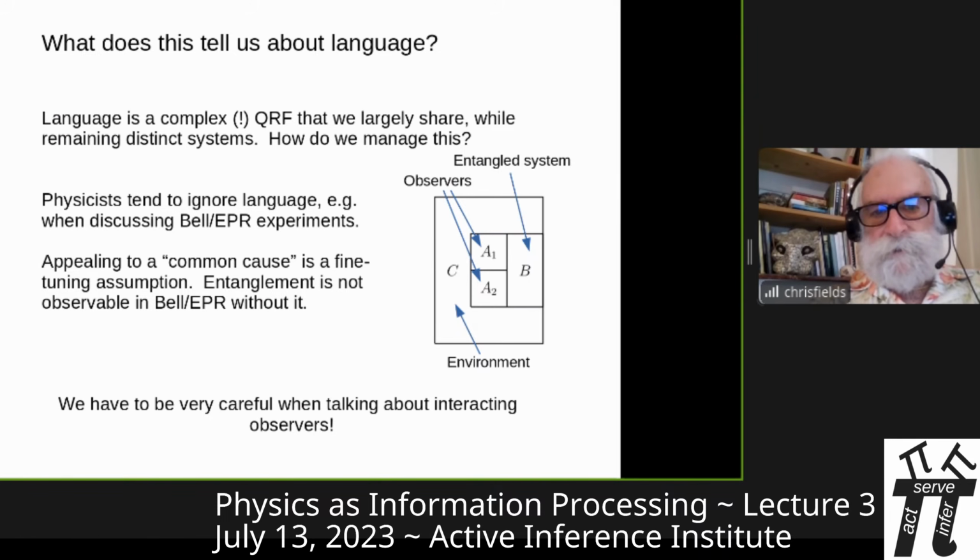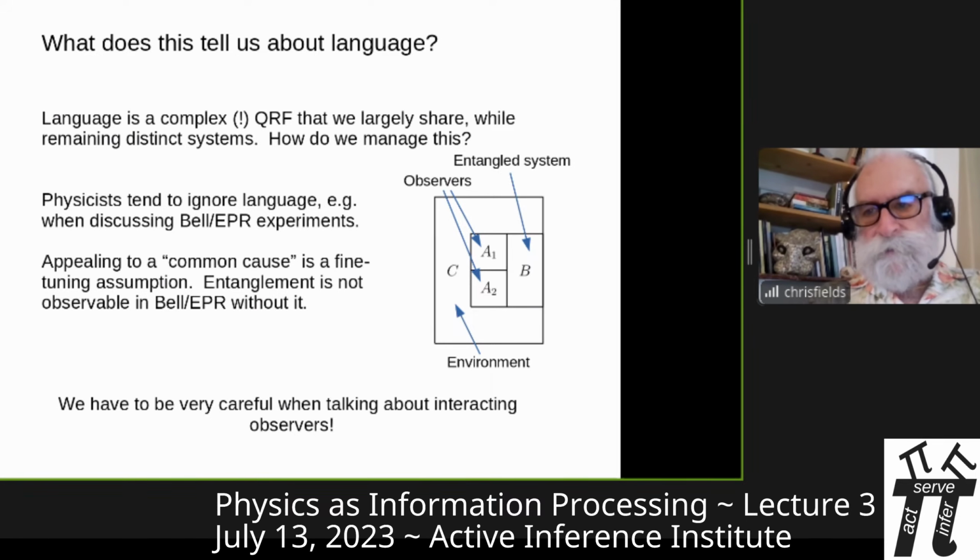And language is a complex QRF that we basically share. Otherwise, things like this interaction would be impossible. But we also remain distinct systems. So the question arises, how do we manage to do this? How do we manage to largely share a QRF while escaping becoming entangled?